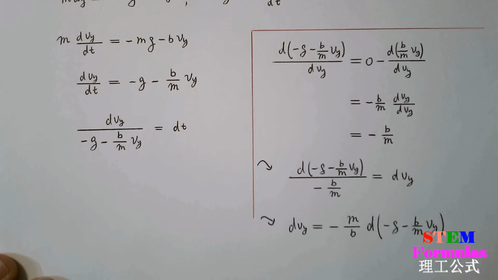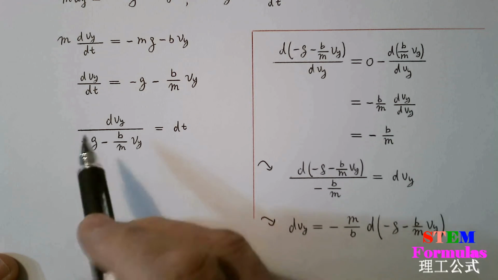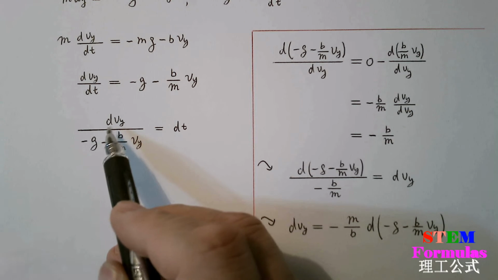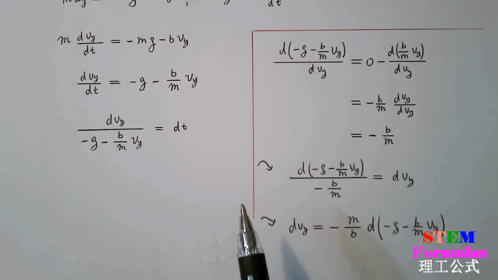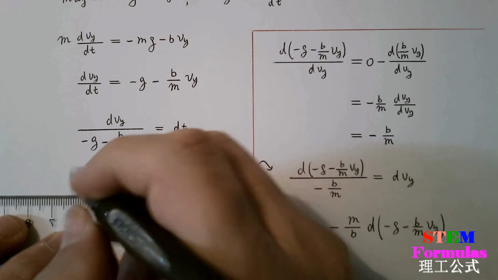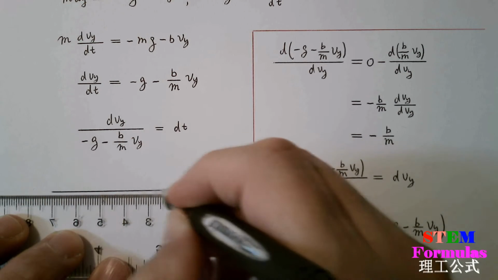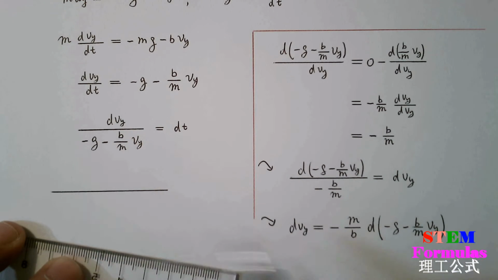Now, this one we plug in for dvy into here. So we get the following equation.